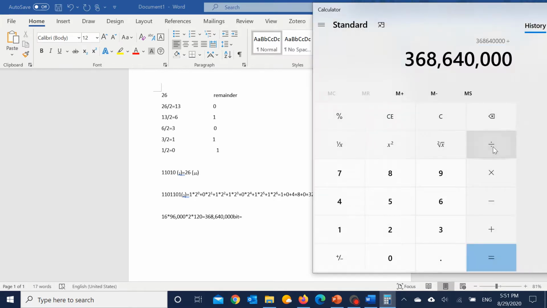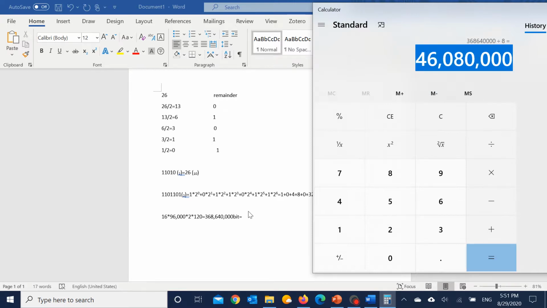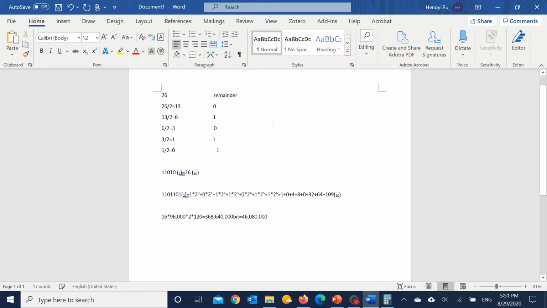Let's divide this number by 8 to get how many bytes this file has. This number is still very large. Usually we would not say this file is 46,080,000 bytes. We will represent it in KB or MB. I suppose for this one we should represent it as MB.